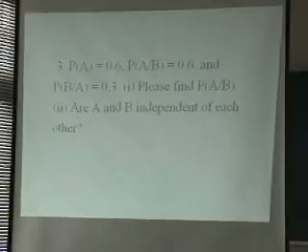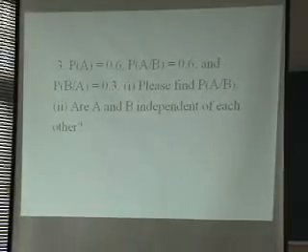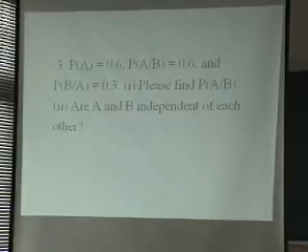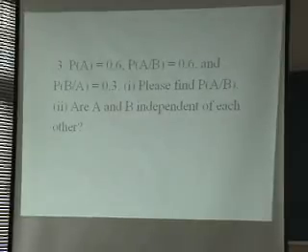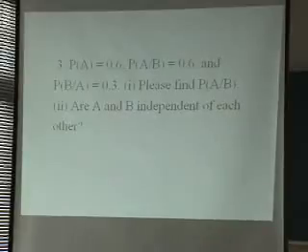It's very easy to see they are independent because P(A) is equal to P(A given B). It doesn't matter whether you know B happens or not, because P(A) is 0.6 and P(A given B) is also 0.6.